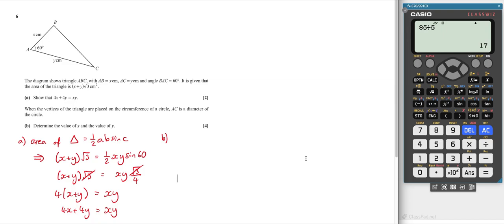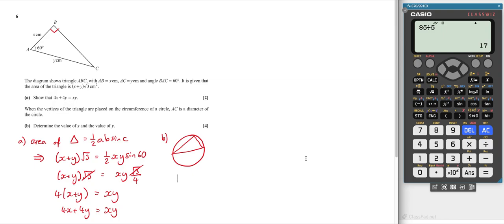If AC is a diameter, that means the angle at B is a right angle, because you have that circle theorem that says angles in a semicircle are 90 degrees. So we've got that at the top. We've got 4x plus 4y is xy.